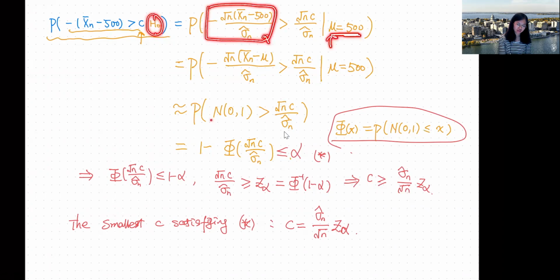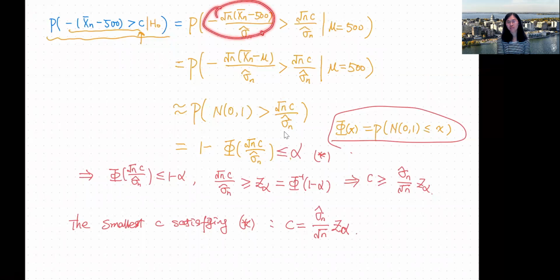So we will know a distribution to use to come up with the threshold. If H0 is not a simple hypothesis, then there are many possible distributions of this random variable under the null, and it would be somewhat more complicated when you try to figure out the threshold. So this is why typically we want the null hypothesis to be a simple hypothesis.